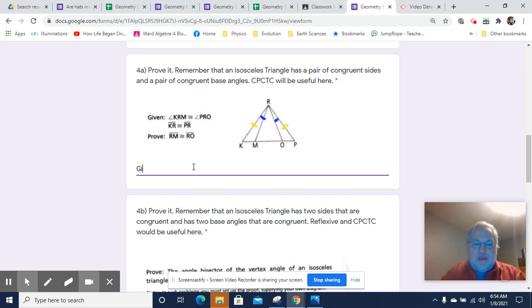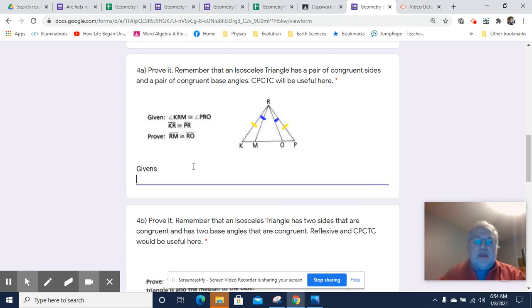So after the givens, we can say triangle RKP is isosceles by definition of an isosceles triangle.